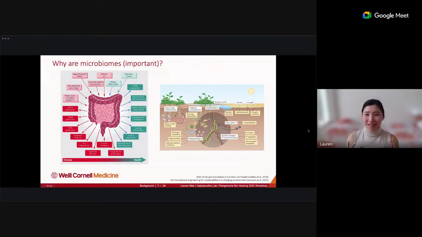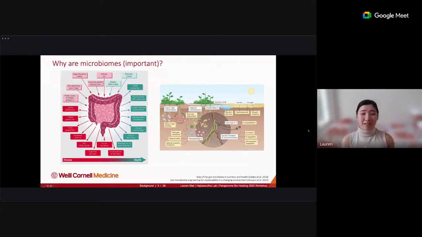And for good reason, because we've discovered that microbiomes are essential for maintaining the health and function of their host environments, whether that's in humans or in animals or just in the world around us. And they can play roles such as aiding the digestion, protecting against pathogens, cycling nutrients, and for human beings, influencing behavior, and in our environment, influencing ecosystem stability.